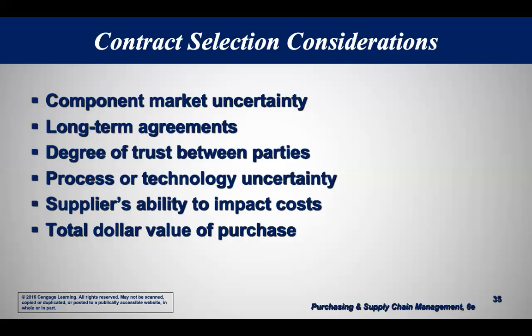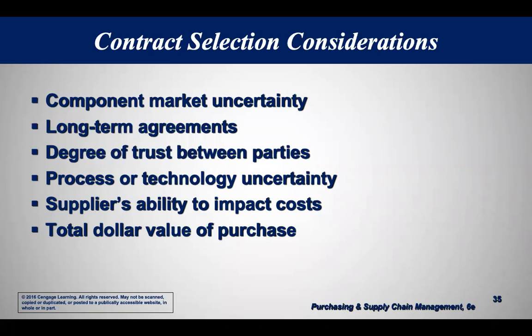How much trust is there between us? If we trust each other, how does that affect whether or not we would go to a long-term agreement or not? Same thing with market uncertainty, technology uncertainty. When the supplier is building what they're building or making what they're making, can they impact their own costs? Can they do things cheaper?